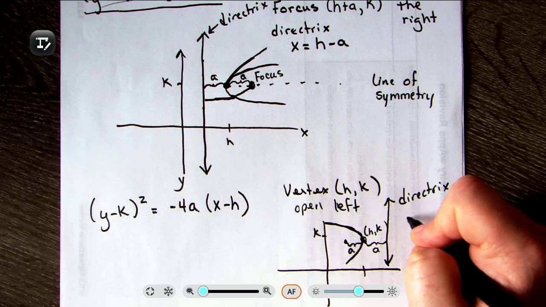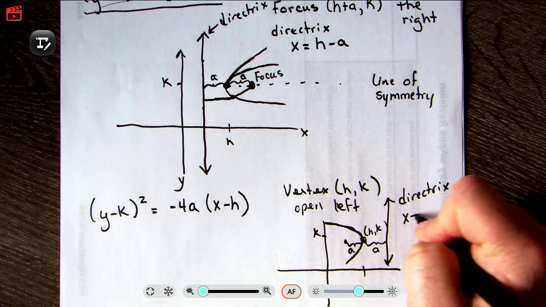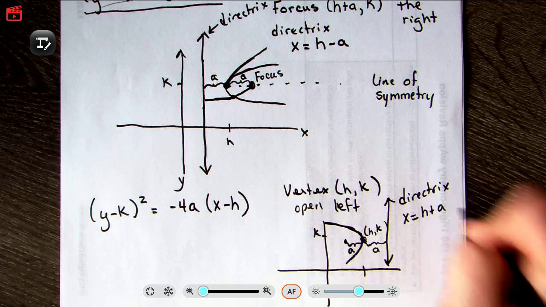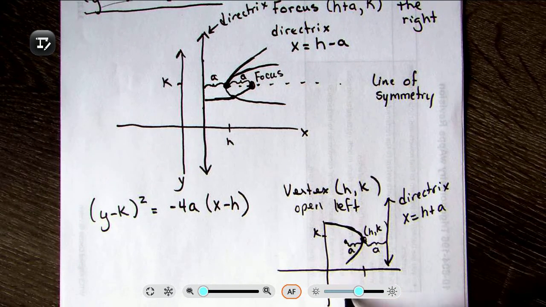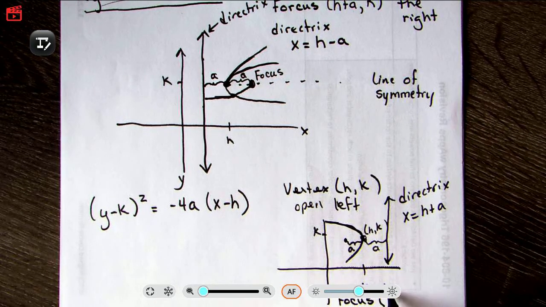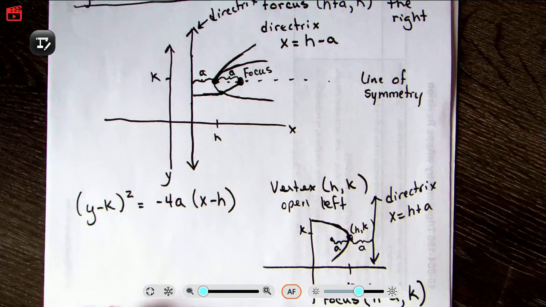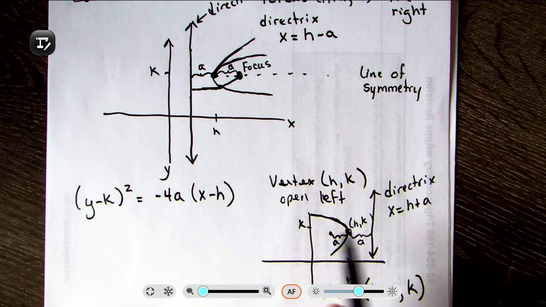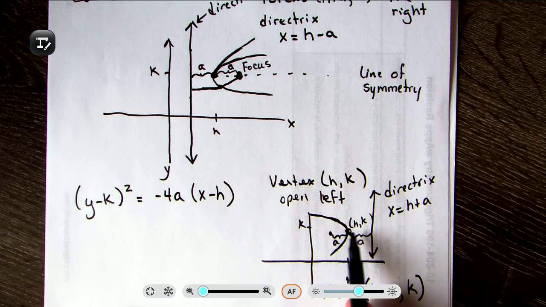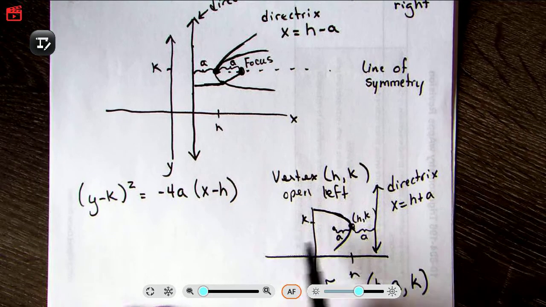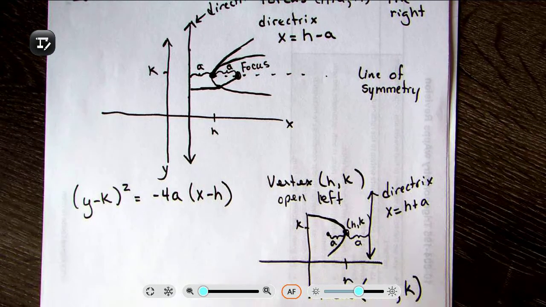And the directrix then has the equation x equals h plus a. The focus is going to be at (h minus a, k). And if we wanted to have the line of symmetry, that's going to be this line that goes through here. I'm not going to draw it in there because it gets kind of cluttered.